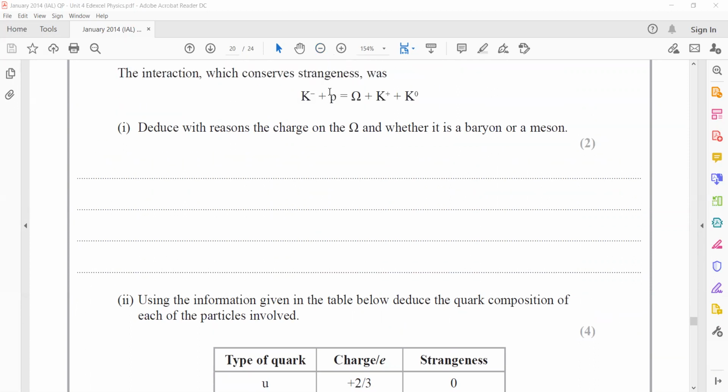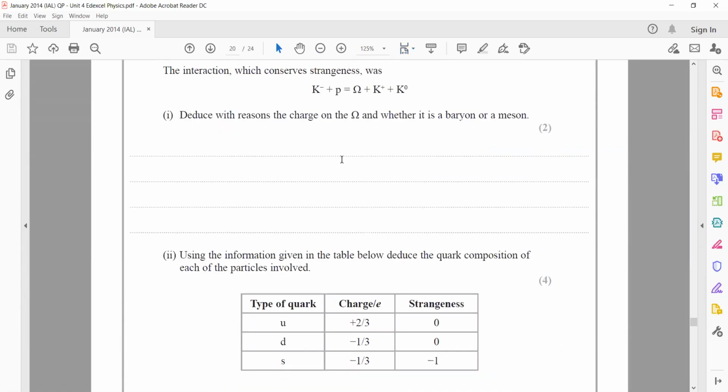So what could be the quark composition for K minus? It's a meson. For a meson, I need a quark and an anti-quark.